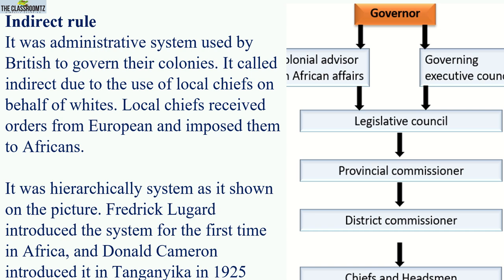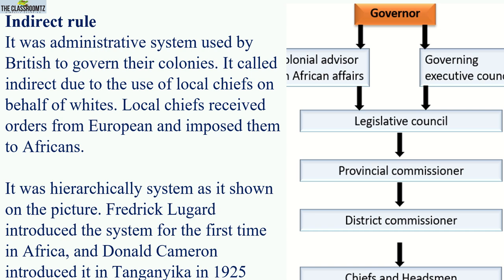So in indirect rule, first of all, it was used by the British, and how the British applied this was through African chiefs, local leaders. Local leaders led small areas of the colony, like local government, and those local areas were led by African chiefs.